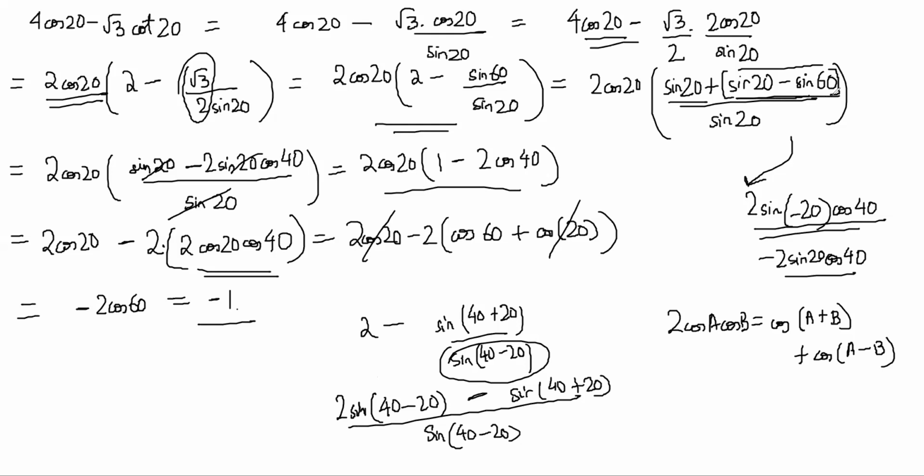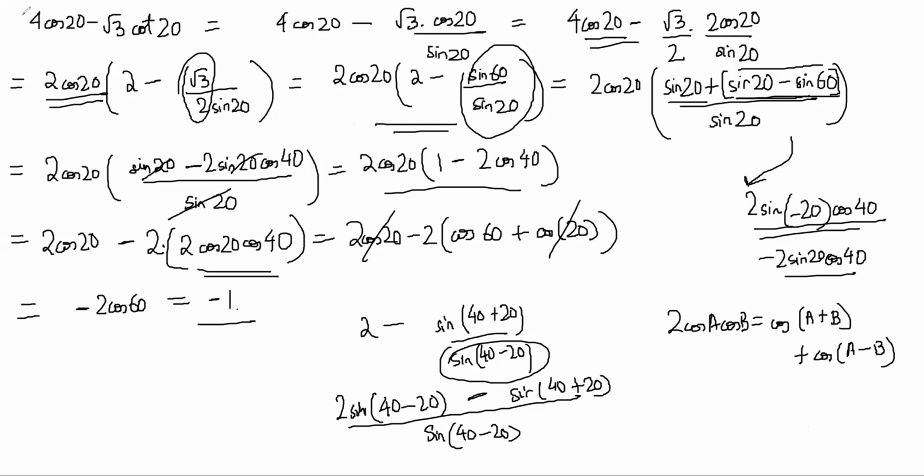You understand? There's no other way to do it. Even if you wrote it like that, there is no obvious formula for that. There is no formula for sin(A plus B) by sin(A minus B). There is a formula for sin(A plus B) into sin(A minus B). I hope every step is clear.